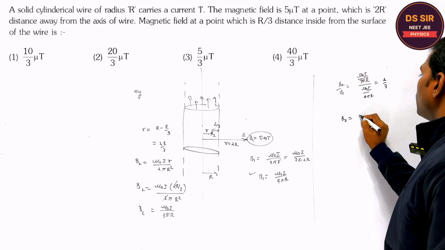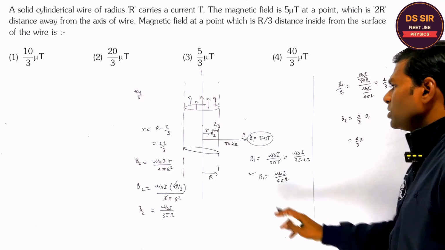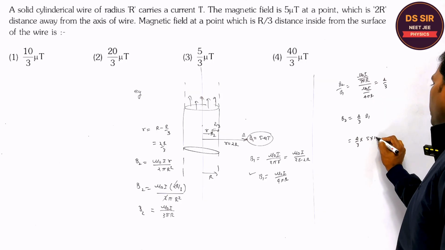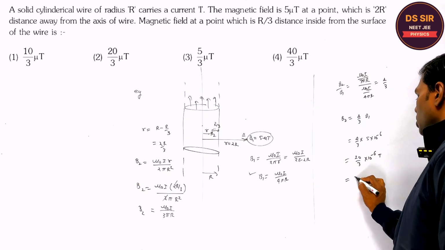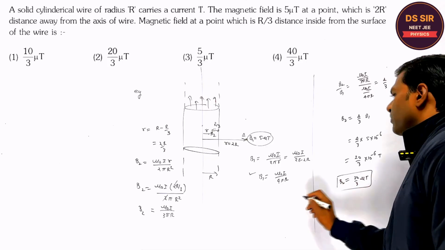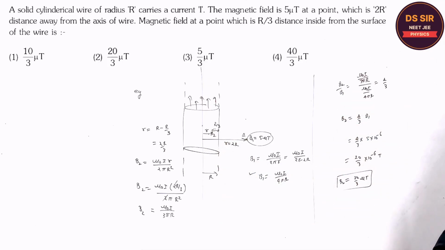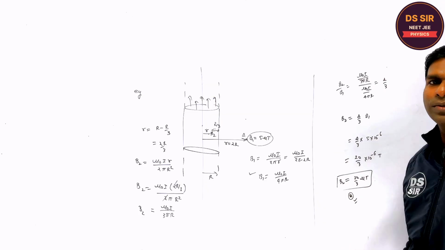So B2 is equal to 4 by 3 into B1. What is B1? 5 microtesla. This is 20 upon 3 into 10 to the power minus 6 Tesla, or 20 upon 3 microtesla is the magnetic field at this point. So the second option is the correct option.